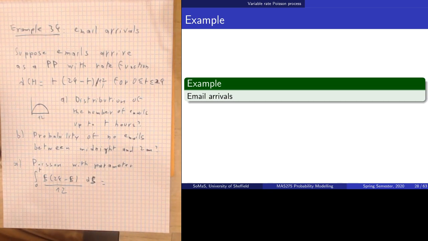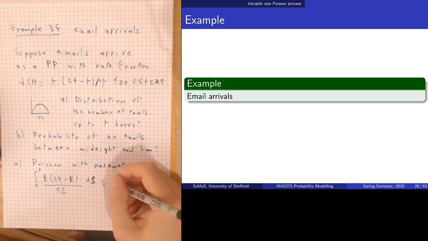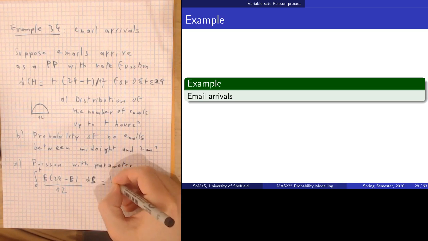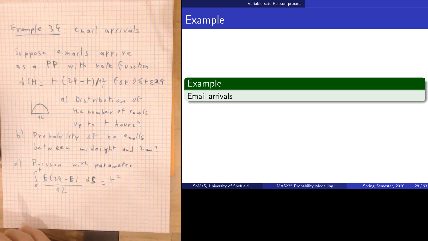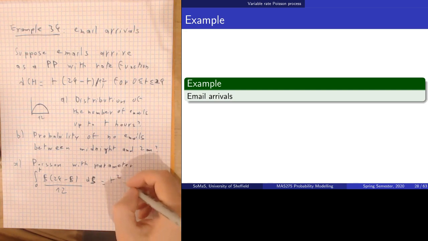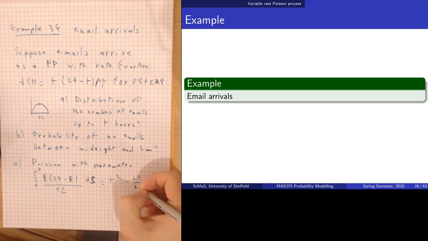Now things will be nicer. So we have 2s. The integral of 2s between 0 and t is exactly t squared. And then we have minus s squared over 12. So when you integrate that between 0 and t, you get minus t cubed over 36.